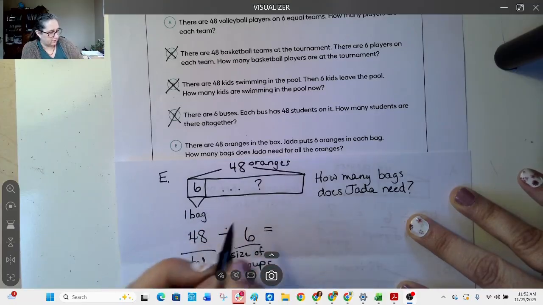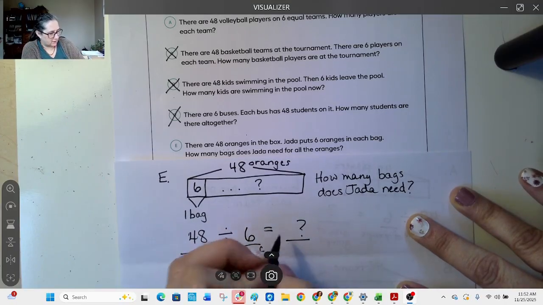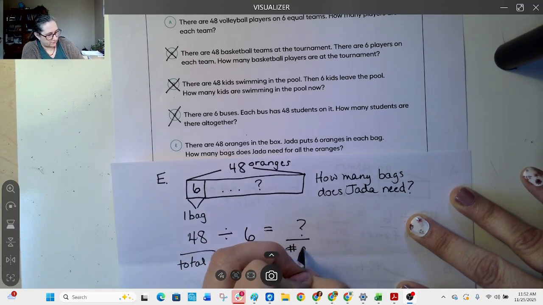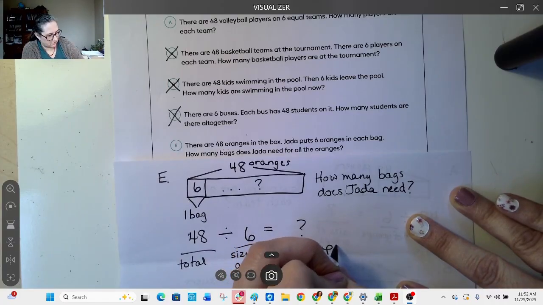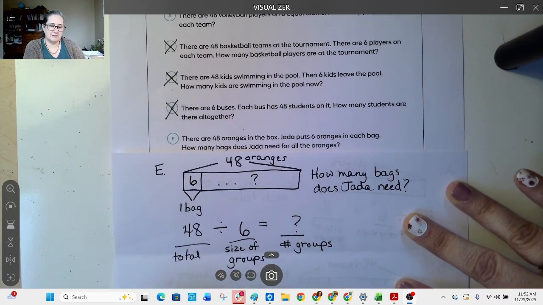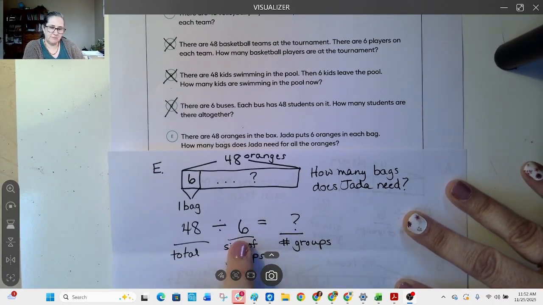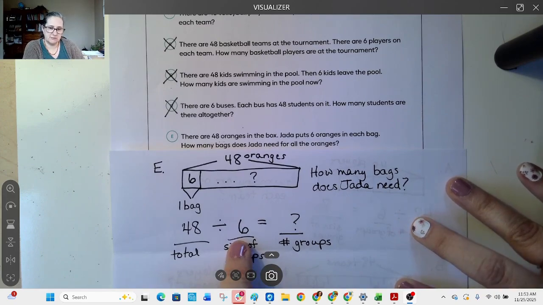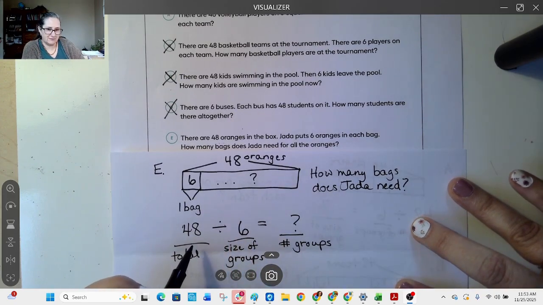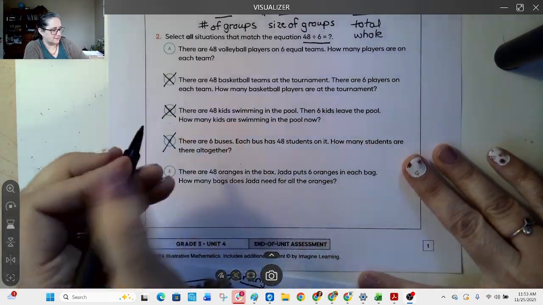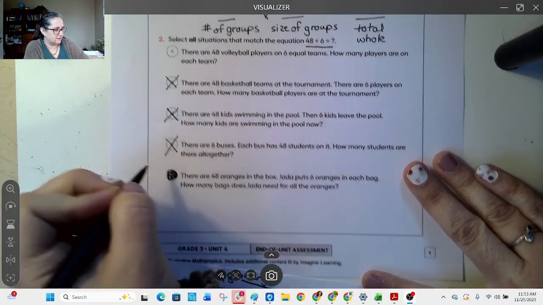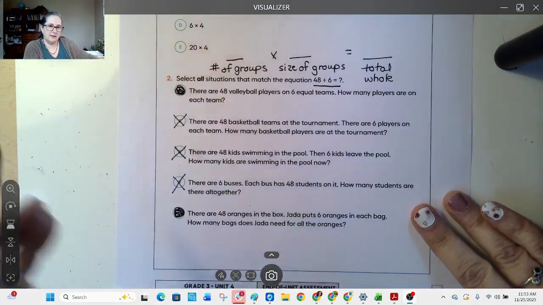And what we don't know is the number of groups. How many bags of 6 can we make if we have 48 oranges? So this one is 48 divided by 6. So we had A and E.